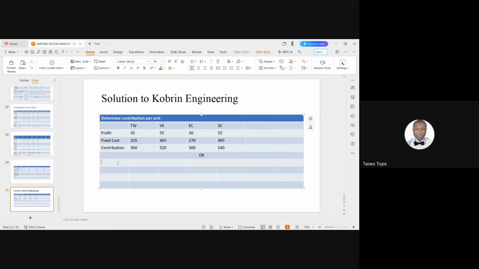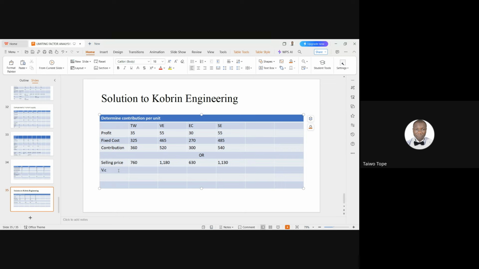So let's go this way. The selling price is what? 760 for this, this is 1,180. For this is 630. For this 1,030. Then the variable cost. We have what?